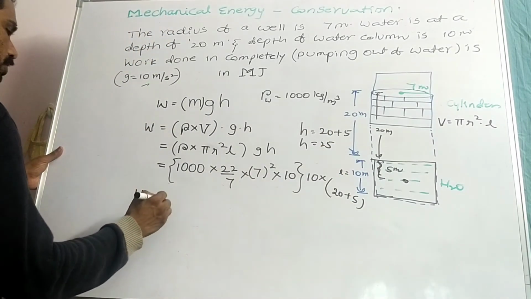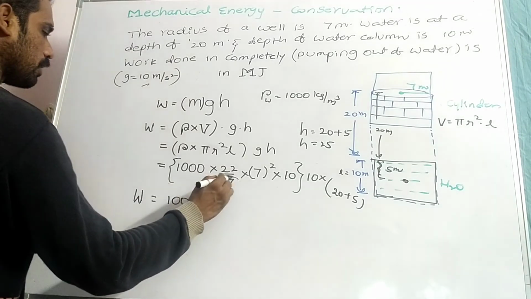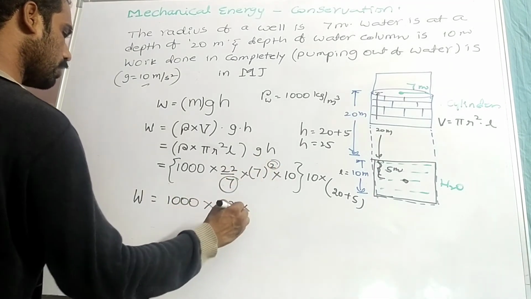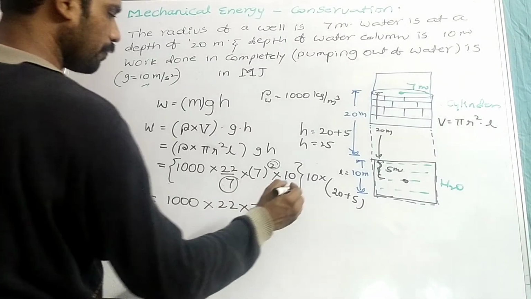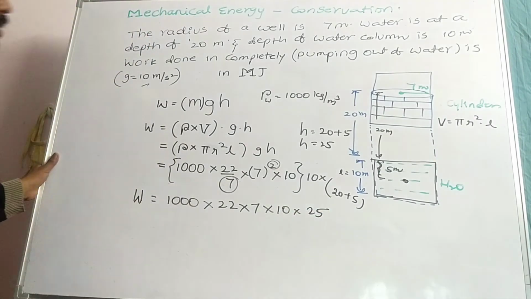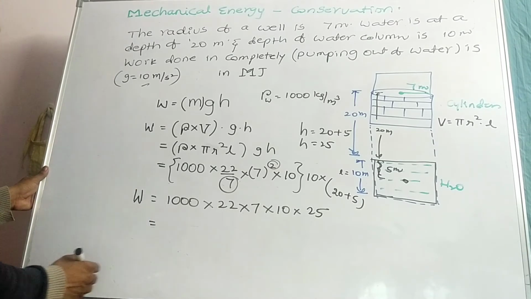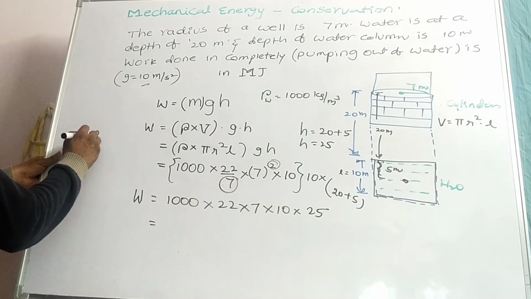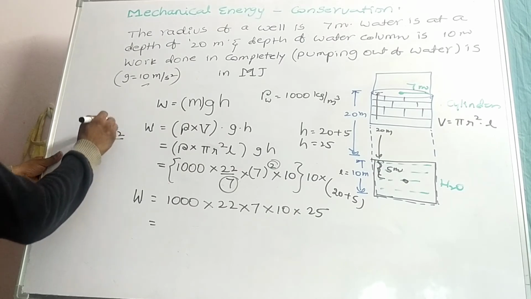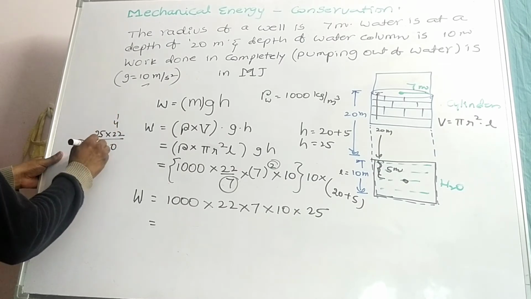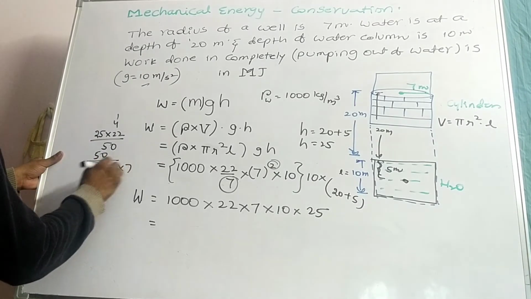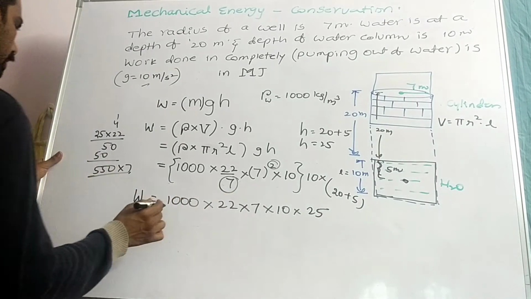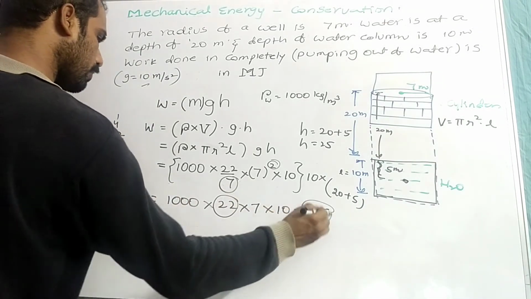Now work done W is equal to 1000 into 22 into 7 into 10 into 25, where the 7 and square get cancelled. 25 into 22: 2 5s are 10, 2 2s are 4, that is 550. 550 into 7: 22 is over, 25 over.